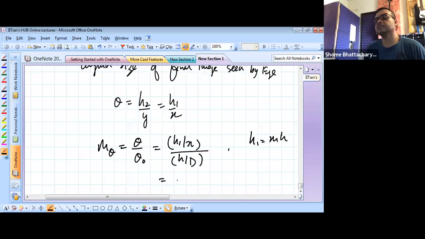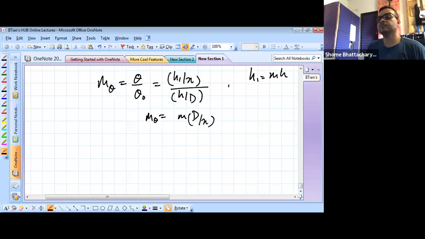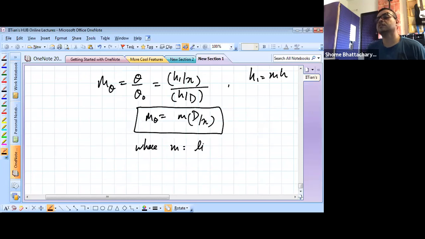So you can see that this becomes m into D by x. So the angular magnification is even more compared to a hand lens. For a hand lens, it was D by x, but now it is multiplied by a magnification factor m, where m is the linear magnification by the objective lens.